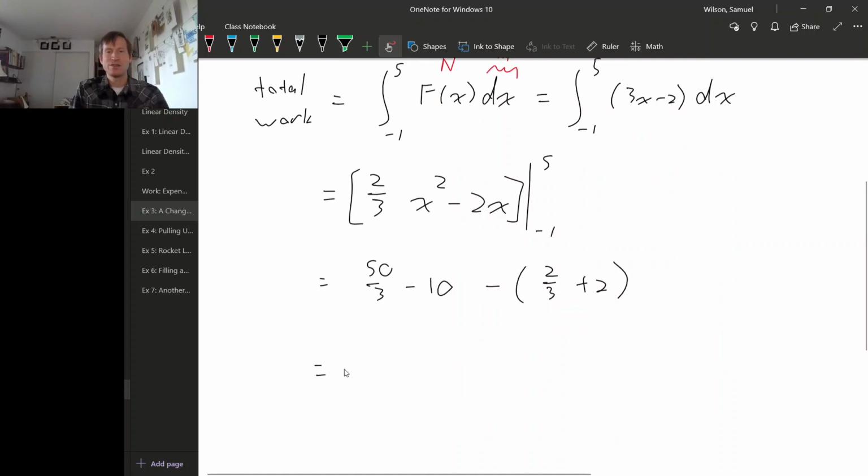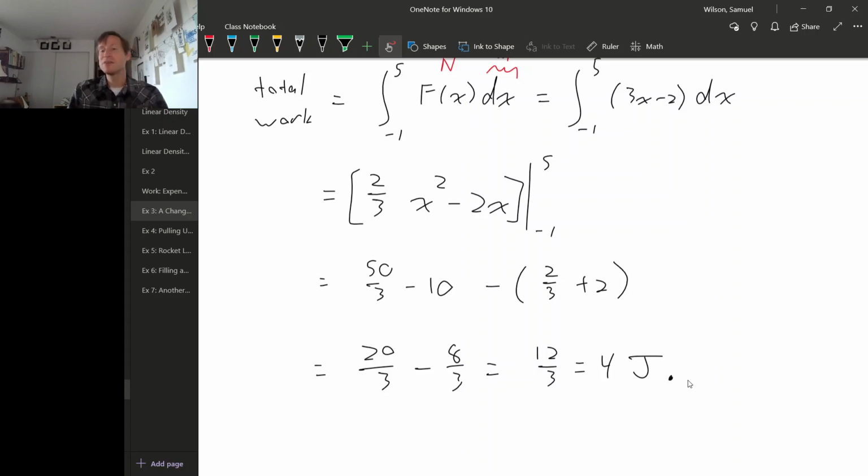So 50/3 minus 10 is 20/3, minus 8/3, which gives 12/3, that's 4. And this is joules. So the amount of energy that the force puts into the object as it makes its motion is 4 joules. Incidentally, this work is positive if the force is helping the motion along, and negative if the force is trying to prevent the motion.